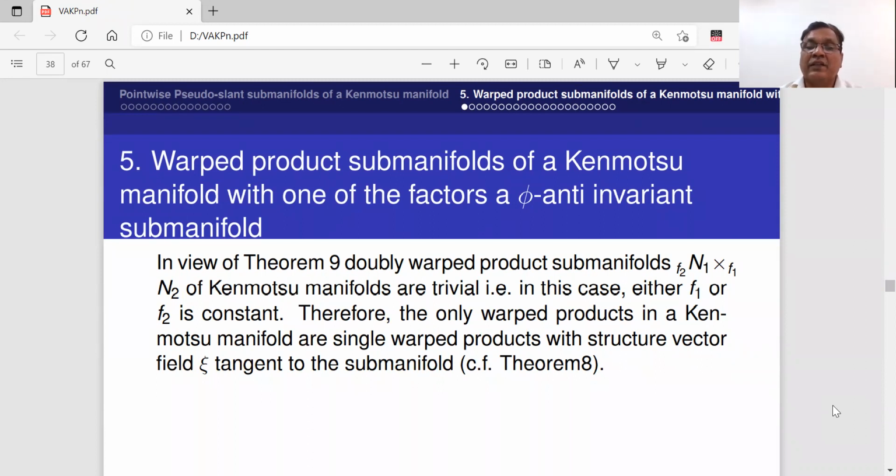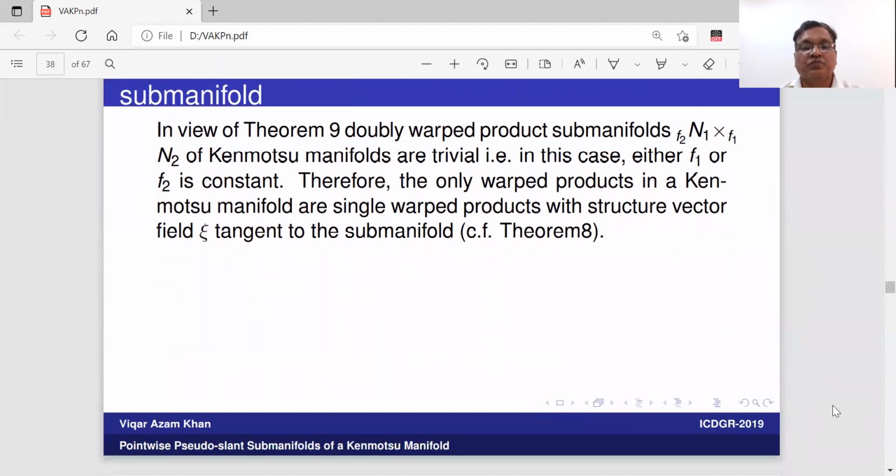That is, in this case, either f1 or f2 is constant. So we can consider only single warp products. Therefore, the only warp products in a Kenmotsu manifold are single warp products with the structure vector field xi tangent to the submanifold. The possibility of xi being normal to the submanifold has already been ruled out.